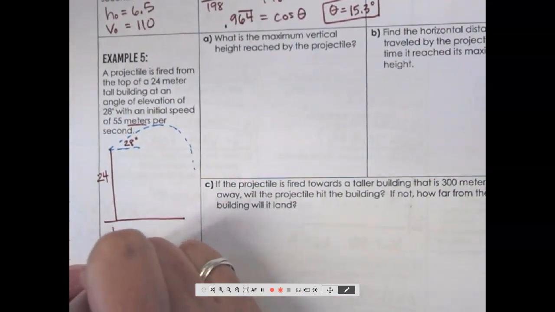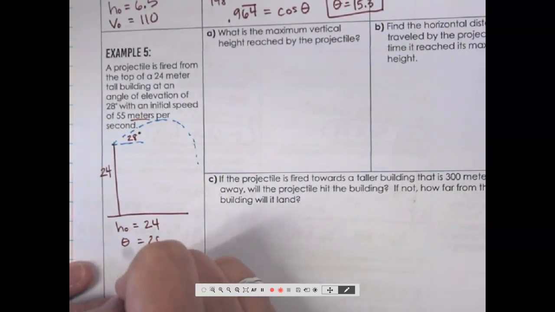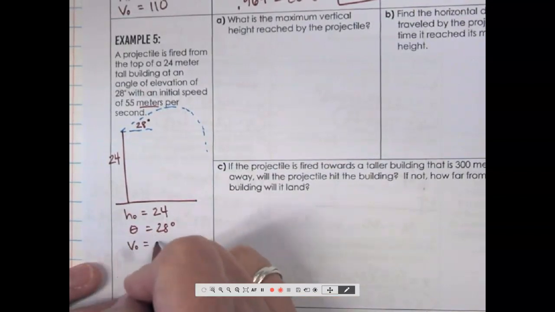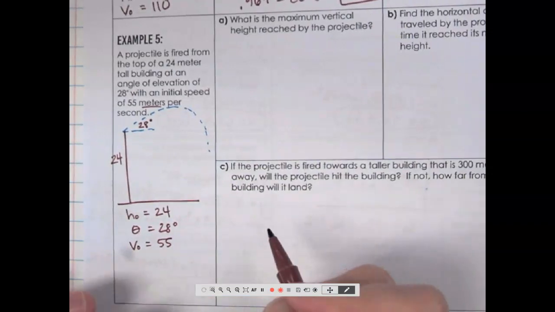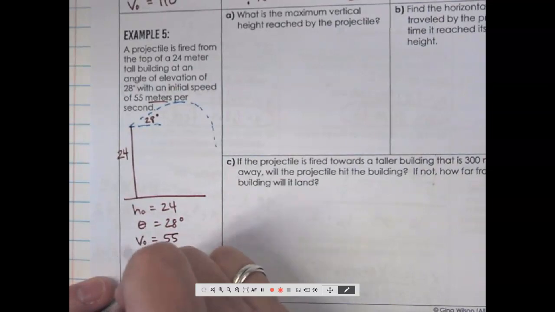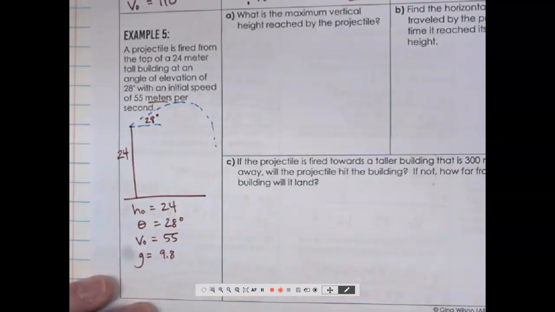Initial height, 24, theta, 28, initial velocity, 55. That is in meters per second. Okay, I think we got everything there. So when we use our G value, then that will be the 9.8, since it's in meters.